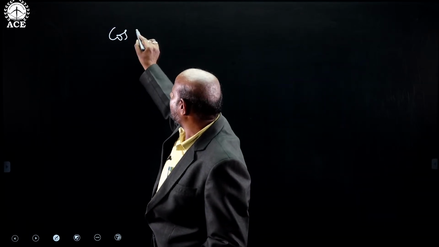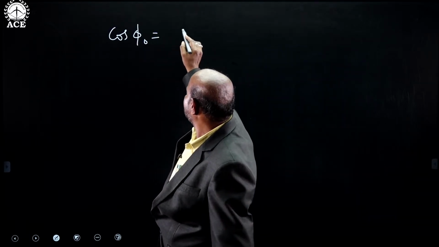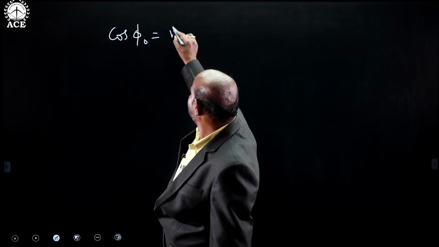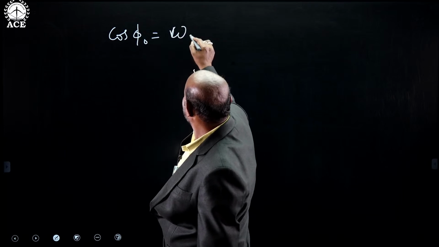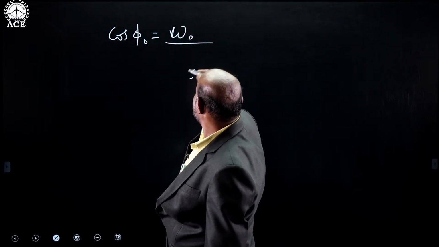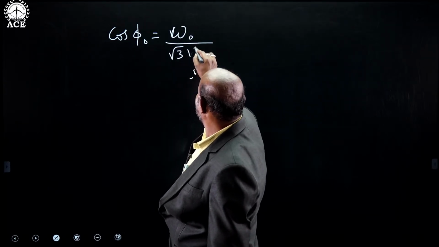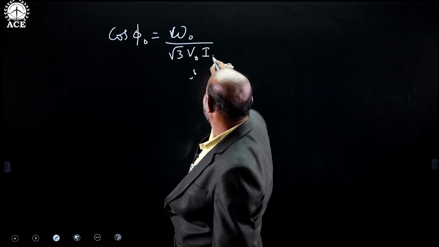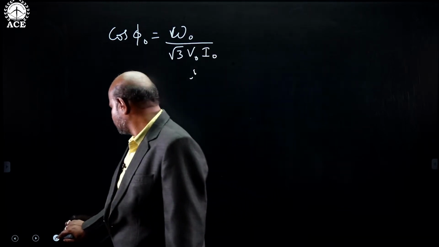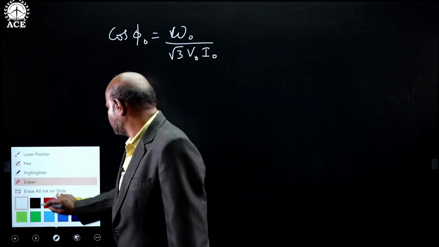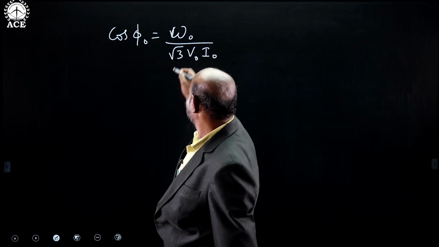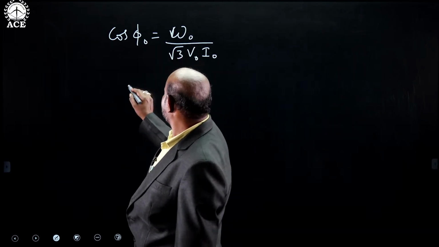So therefore cos phi naught is equal to W0 by root 3 V0 I0. Right? This is cos phi naught.